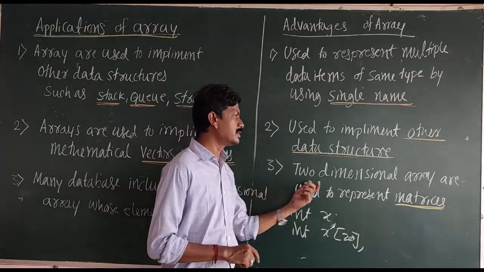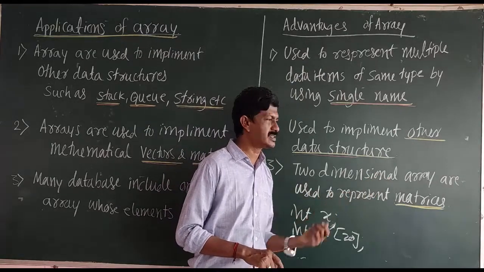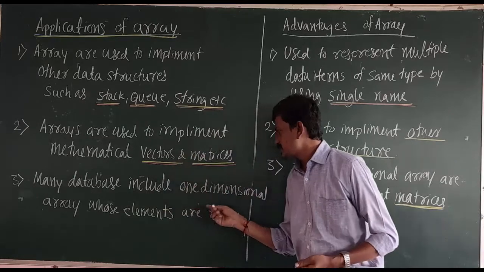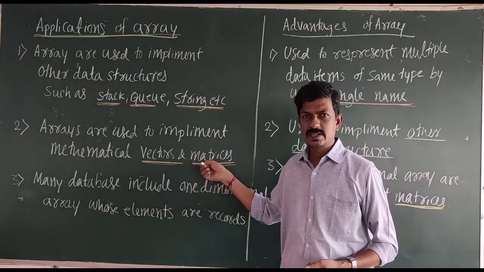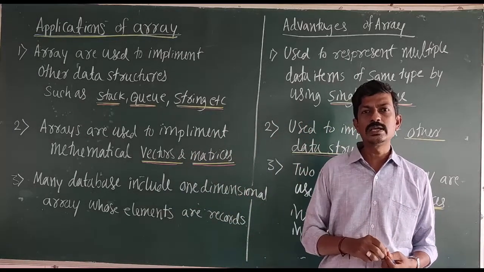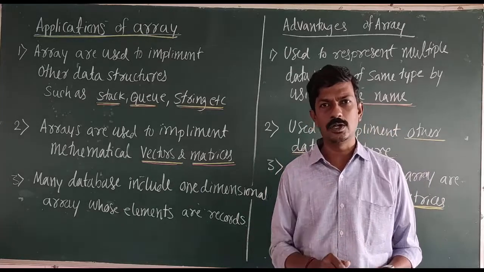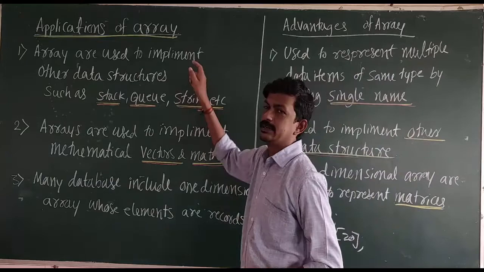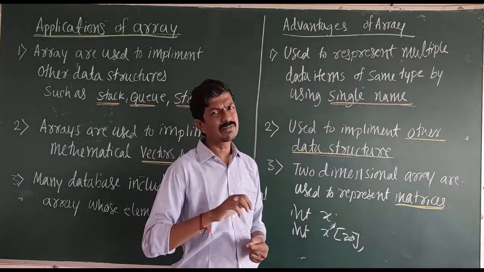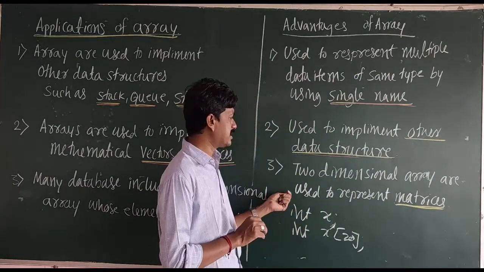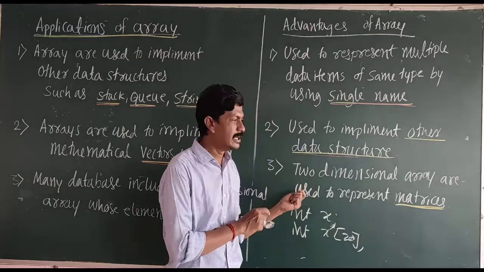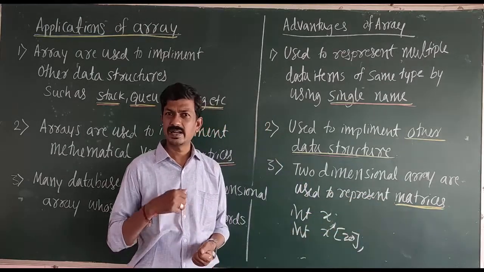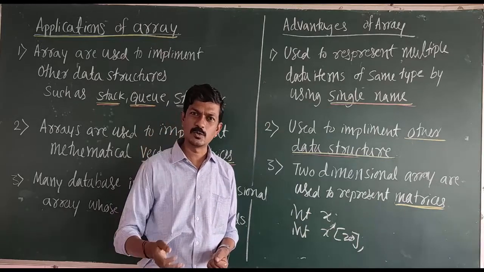Next, two-dimensional arrays are used to represent matrices. As I told you in the applications, a matrix is a concept where we store numbers in the form of rows and columns. If you want to implement matrices, we require array. By declaring a two-dimensional array, we are allowed to store numbers in rows and columns.